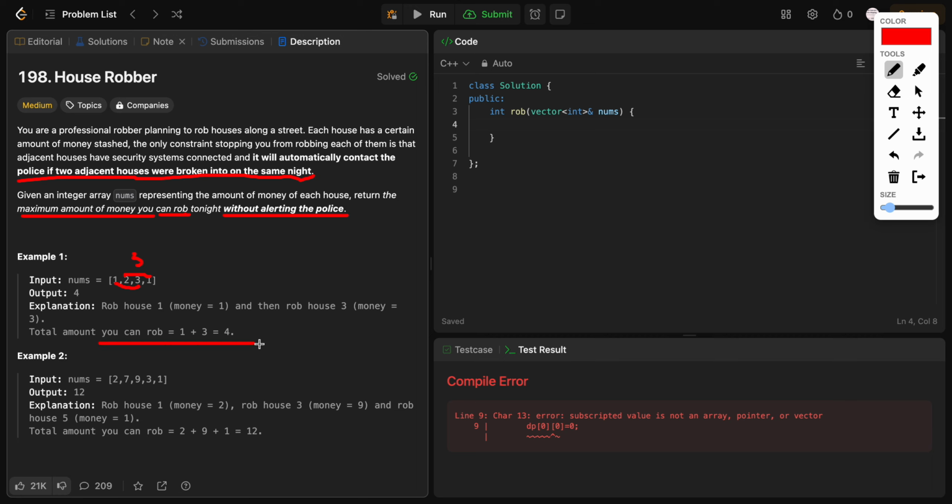And here it's 2, 7, 9, 3, 1. Here adjacent houses are 2, 9 and 7, 3, 1. 2, 9 and 1, and 7, 3. So 7 and 3 will give you 10, and 2, 9 and 1 will give you 12. So the maximum money you can rob here is 12.